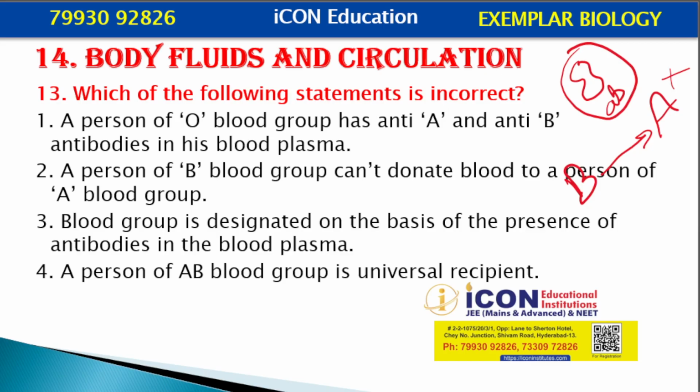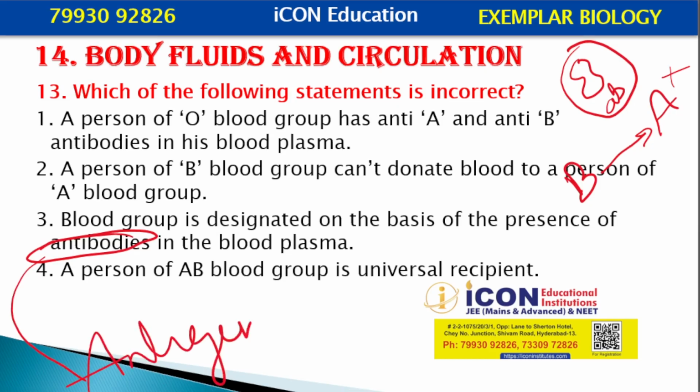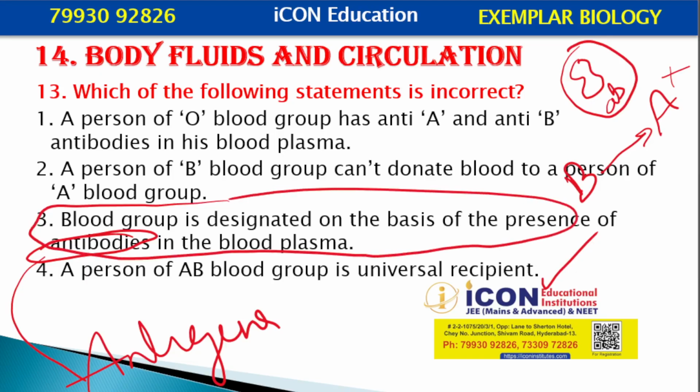It is antigens, not antibodies. A person of AB blood group is a universal recipient. Yes, this is even correct. So what is our answer? This is our answer: blood group is designated on the basis of the presence of antibodies in the blood plasma.